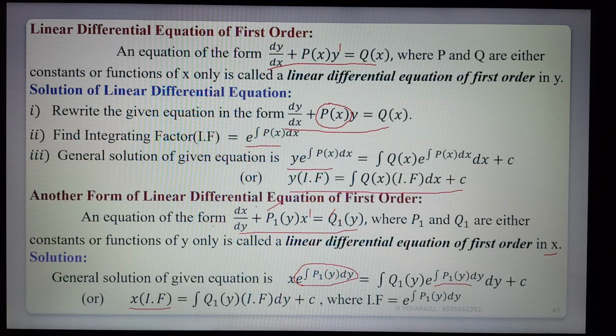The solution is x into integrating factor is equal to integration of q1 of y into integrating factor into dy plus c, where the integrating factor is equal to e power integration of p1 of y into dy. This is the definition of first order linear differential equation.